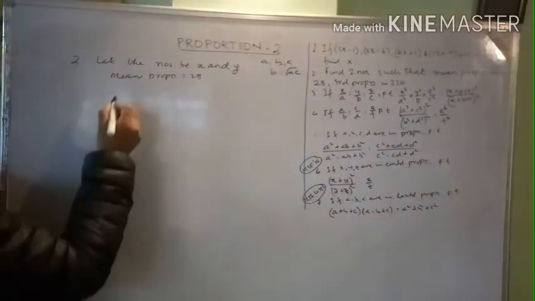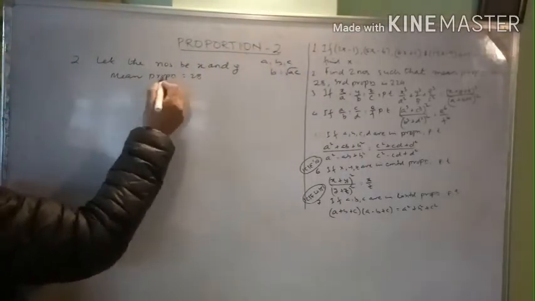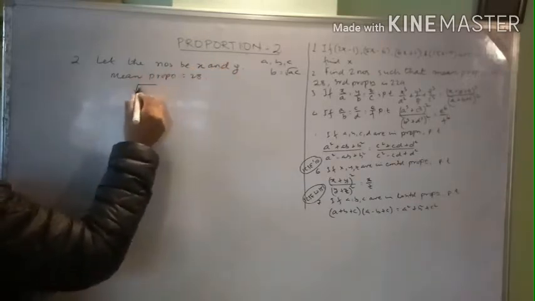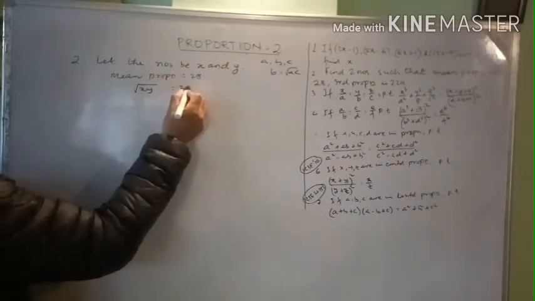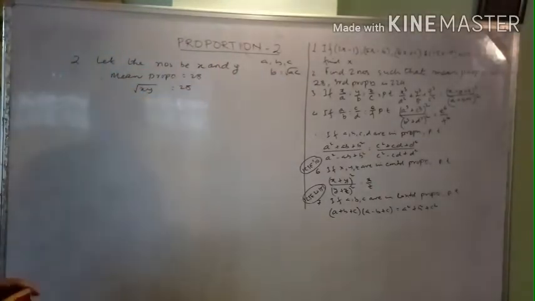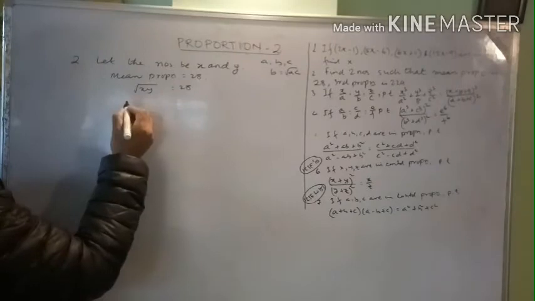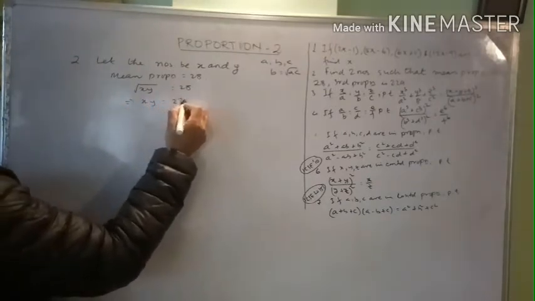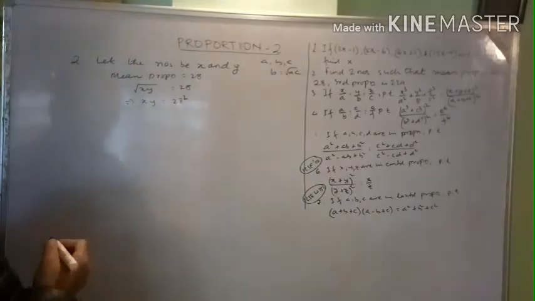So mean proportional between x and y is root over xy, equal to 28. So if you square both sides, you get xy equal to 28 square.